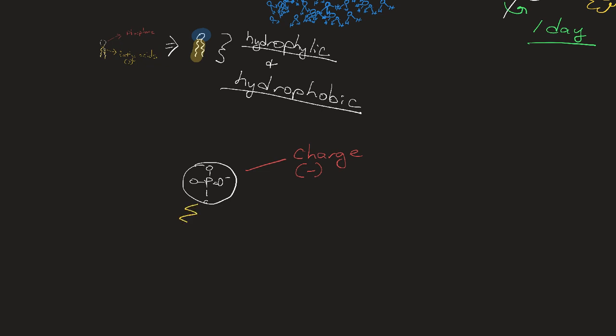And this is a long chain of carbons. This is a saturated fatty acid, long chain of carbons, meaning no double bonds, correct? And this one here is another long chain of carbons, except this one's going to have a double bond.